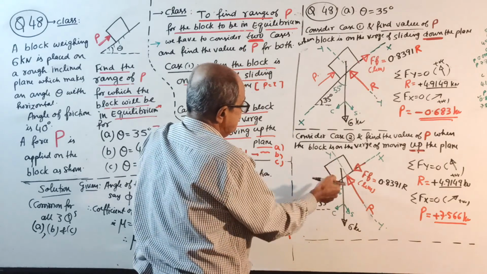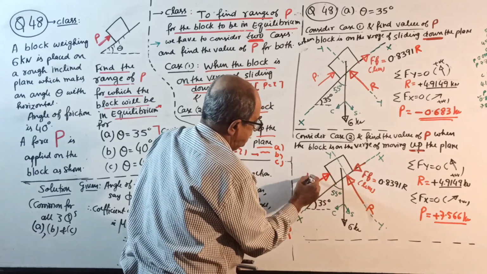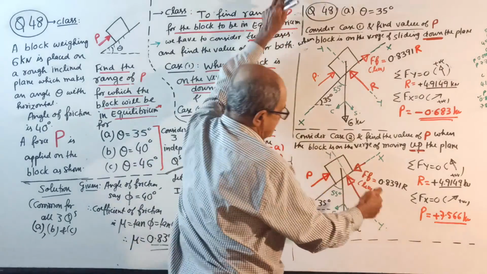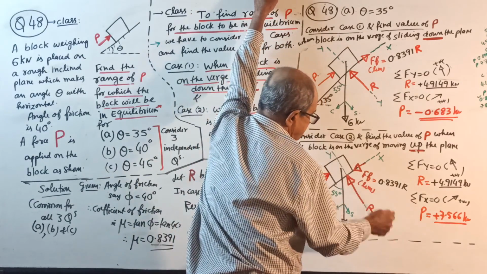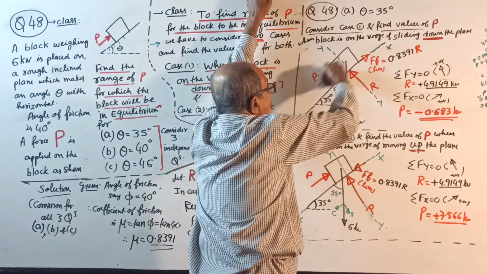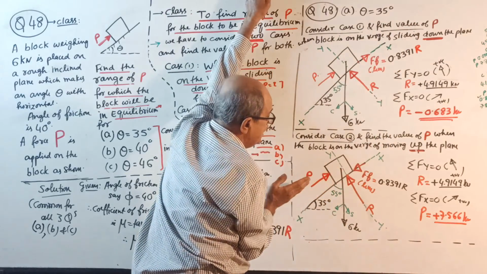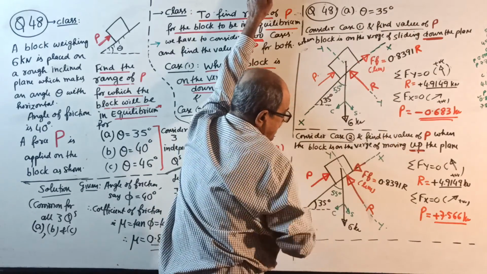P is there. This is not that P. As usual, P this way. Okay, start. Sigma Fy = 0. Now see, here the body is on the verge of sliding down, friction is this way. Here the body is on the verge of moving up, friction is this way, reverse.